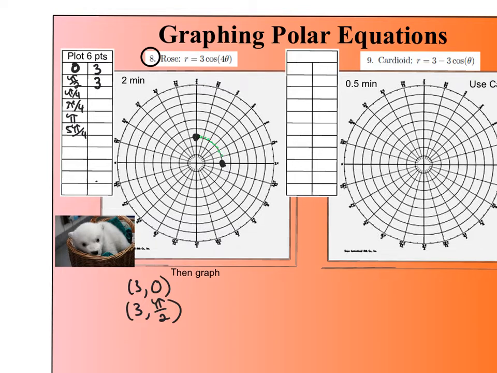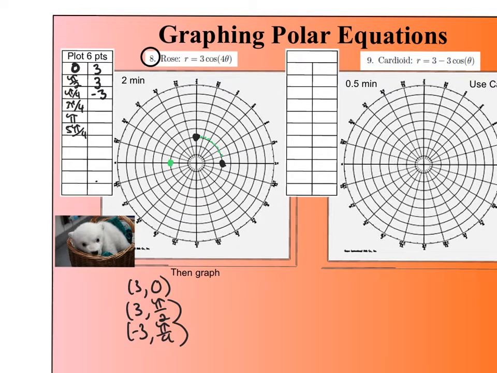Okay, now let's do pi over 4 times 4, which is just pi. Cosine of pi is -1, so I get -3. So if I were to swing out 1, 2, I'll do it in green, 2, 3, there's -3. Again, I should rewrite our polar coordinate as -3, pi over 4.